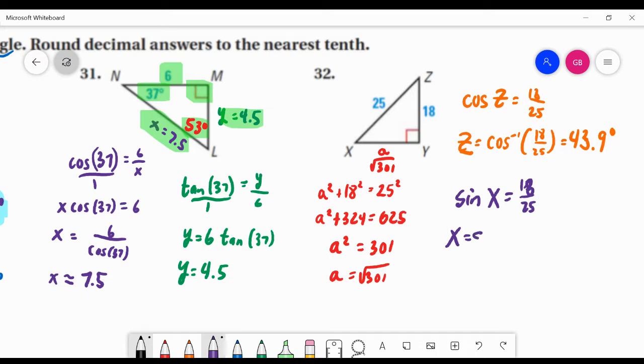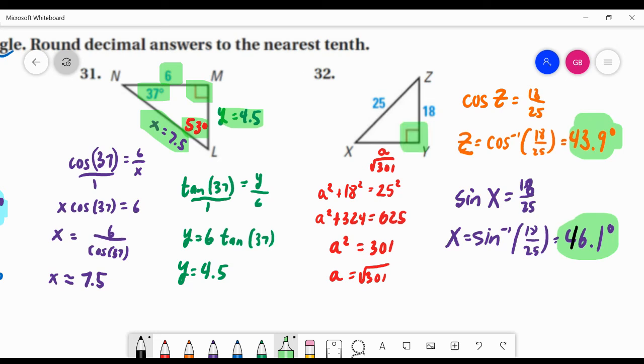So x is equal to the sine inverse of 18 over 25, which is 46.1 degrees. Notice that 43.9 and 46.1 add up to 90. So angle, angle, angle, side, side, side. We solved the triangle.